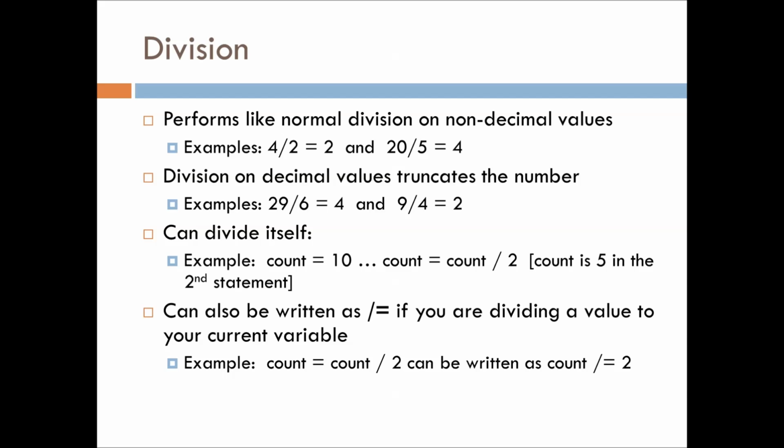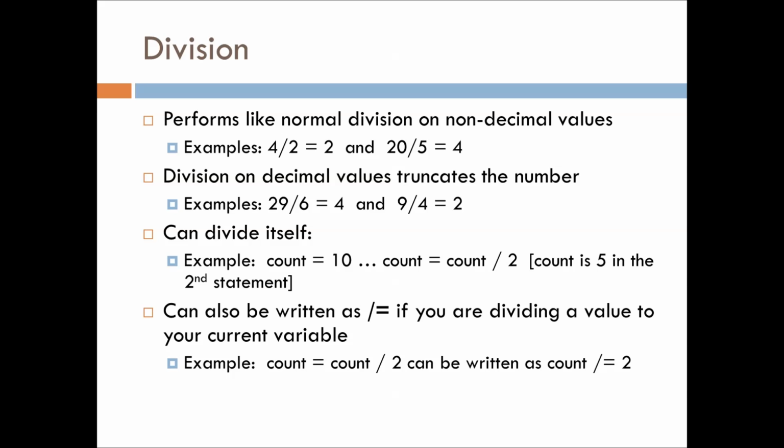Division on decimal values, however, the number's truncated, no matter if it could round up, like 4.9 rounding up to 5. Nope, Papyrus does not do that. It just cuts off the decimal value and gives you the number in front of the decimal. So 29 divided by 6, it would usually round up to 5, but nope, it's going to be 4, because it cuts off the decimal. 9 divided by 4 is 2. Similar principle going on there.